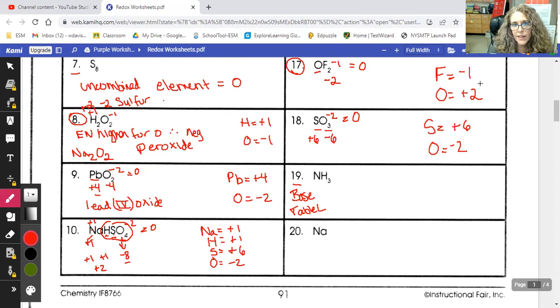Remember, the positive oxidation state is going to be the least electronegative. The negative oxidation state is going to be the higher electronegative, which again, you have those values on table S to help you. So nitrogen has a higher electronegativity. So that means that my nitrogen is going to be negative. And then that means that the hydrogen will have to be positive.